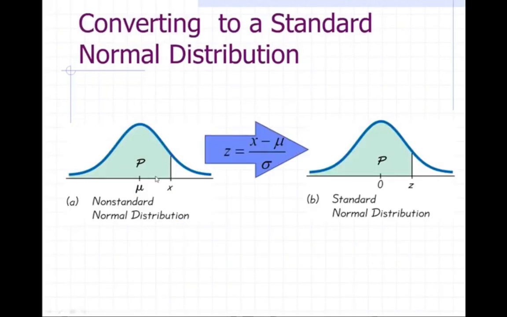Now, what we know is we can take a non-standard normal distribution, and by using z-scores we change it to a standard normal distribution. So we have those tables, and we have our StatCrunch application, and it can be used with any normal distribution.